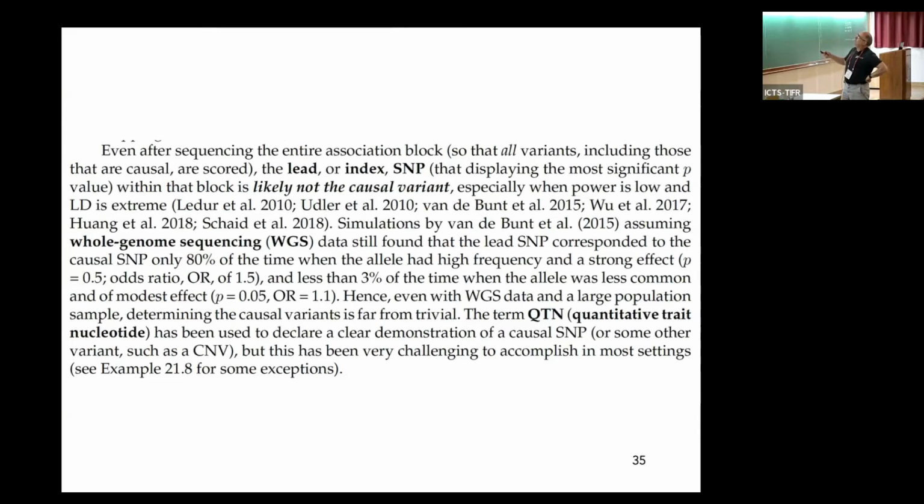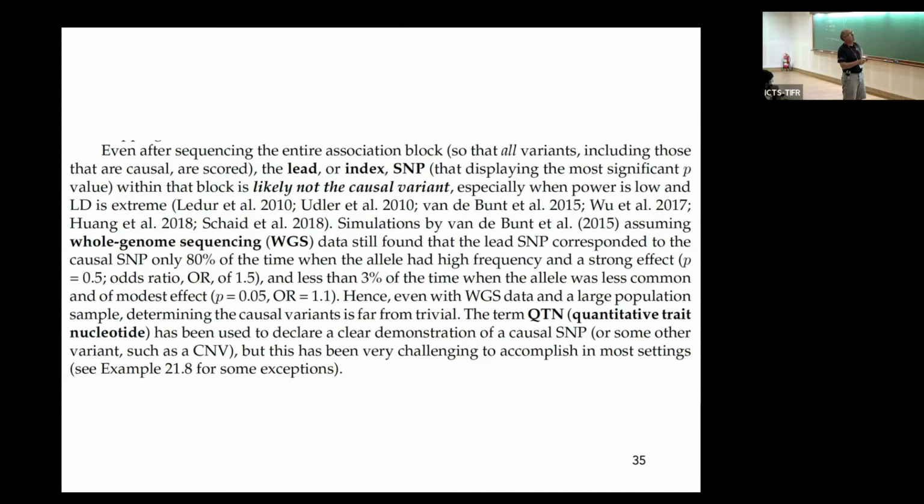What a number of authors have done is they've said, okay, I'll do a simulation. I'll know what the causal SNP is. I'll run a GWAS, and I'll use whole genome sequencing. So they're looking at a causal allele at high frequency, 50%, with a large effect. Human geneticists often work in odds ratios because they're looking at diseases. This gives you a 1.5% increase in the risk relative to a random individual.